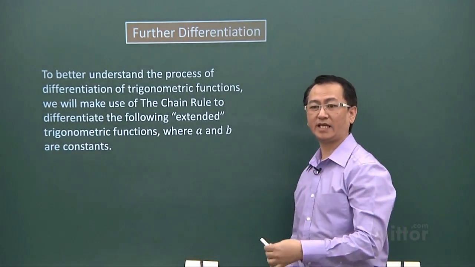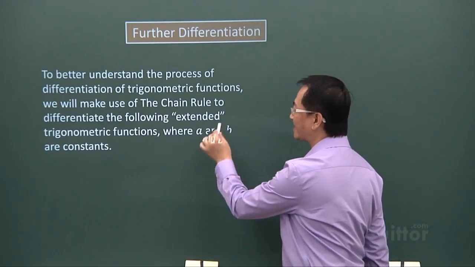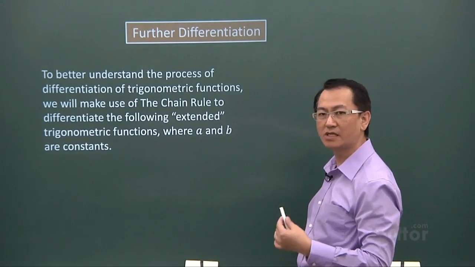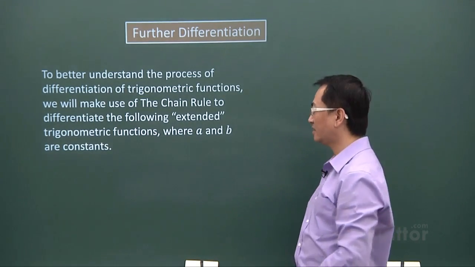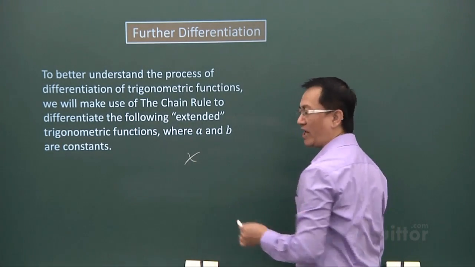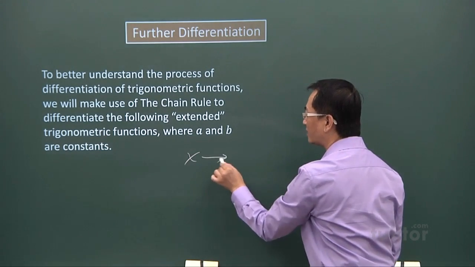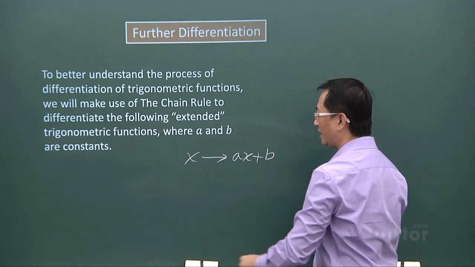I want us to take it a step further. So I want to extend the trigonometrical functions to include expressions beyond just x. You notice that we had the angular expression x. Now I want to have something like ax plus b.